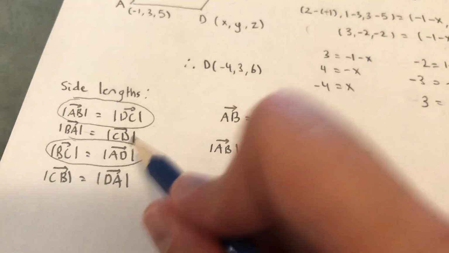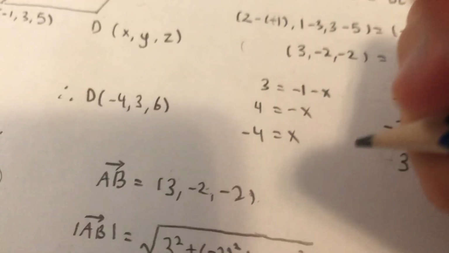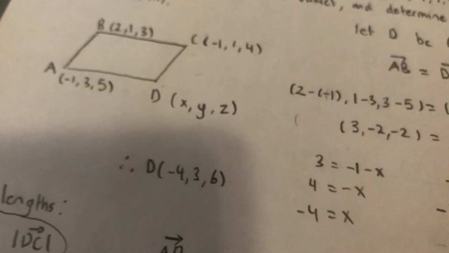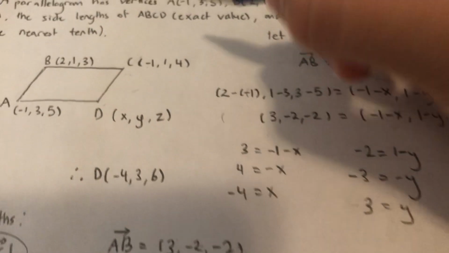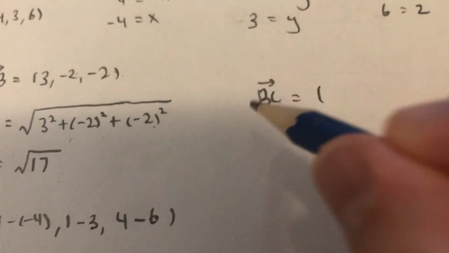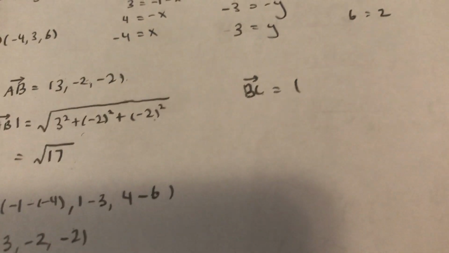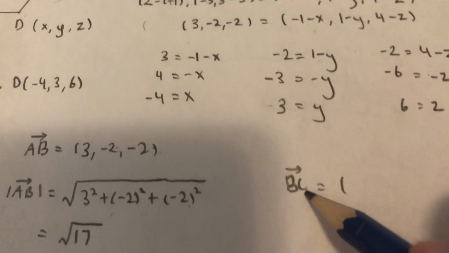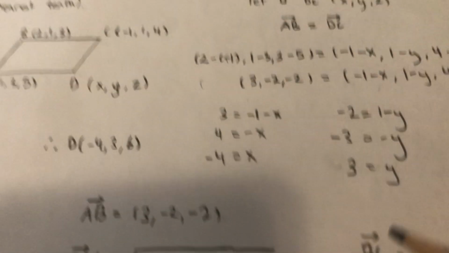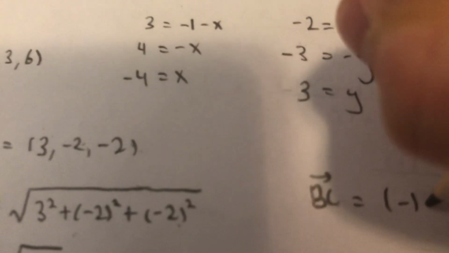So we're trying to solve this. So we have the vector of BC, and we have not found that yet, so let's do that. The vector of BC, repeating what we did earlier, we'll need the x value of the second term minus the x value of the first term, and then so on and so forth with the y values. So x value of C, that is -1, minus the x value of B, which is -2.